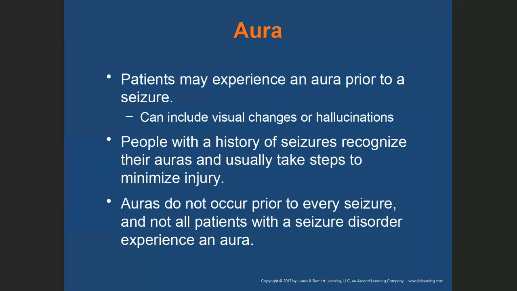Aura. Patients may experience an aura prior to a seizure. Can include visual changes or hallucinations. People with a history of seizures recognize their auras and usually take steps to minimize injury. Auras do not occur prior to every seizure, and not all patients with a seizure disorder will experience an aura.